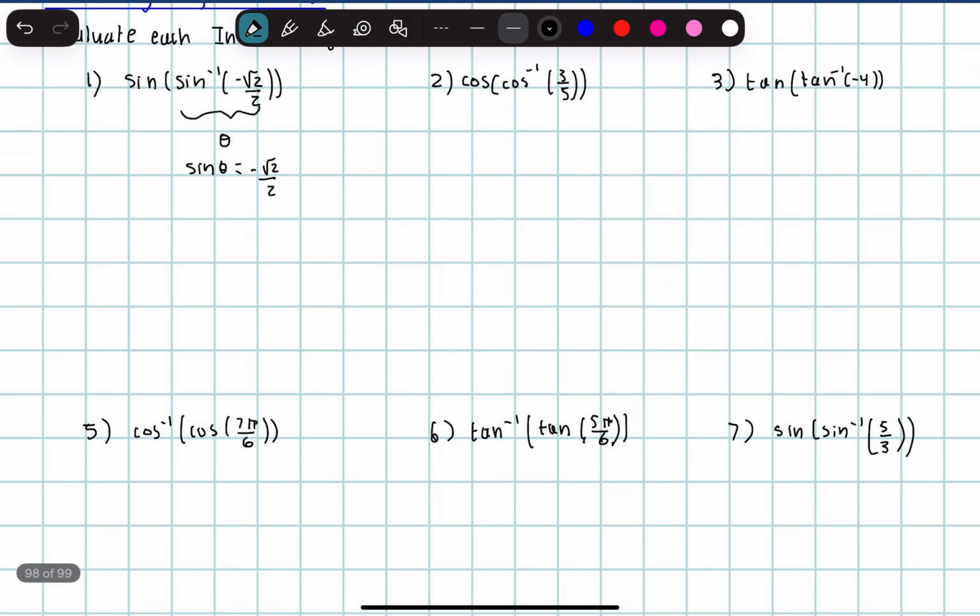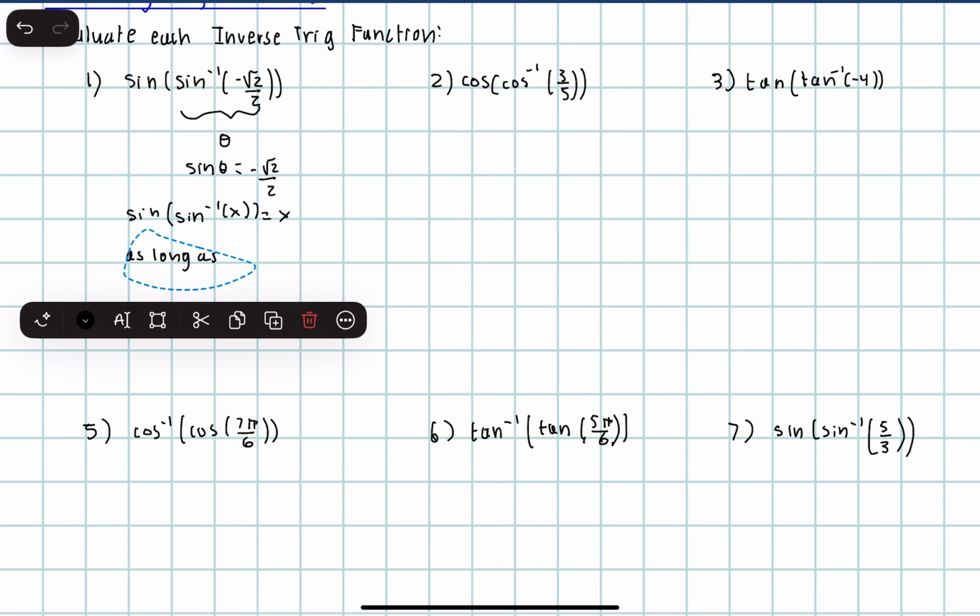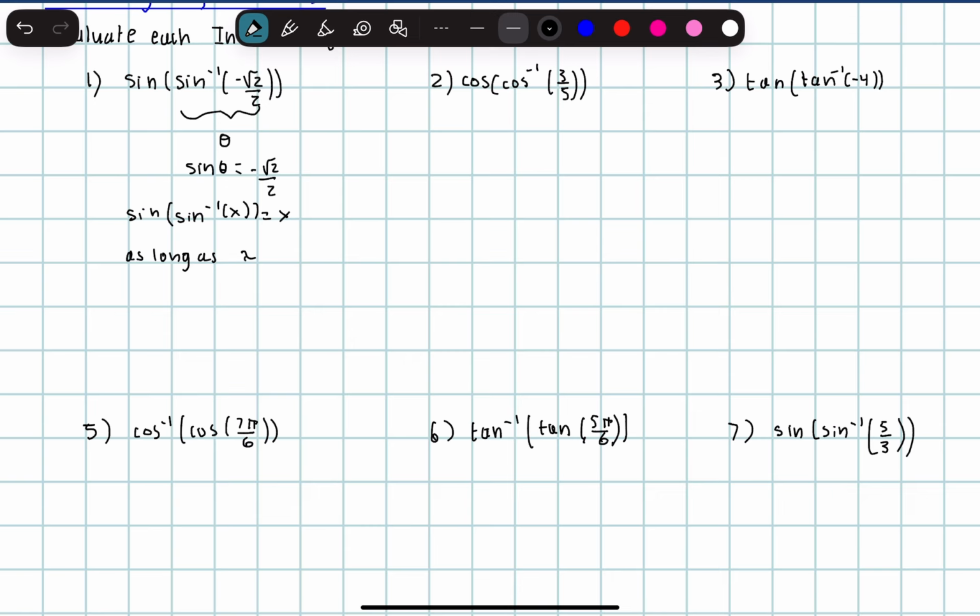So now we know that sine of sine inverse of x is going to equal x, and this is true as long as x is in the range of negative 1 to 1, and it's true.